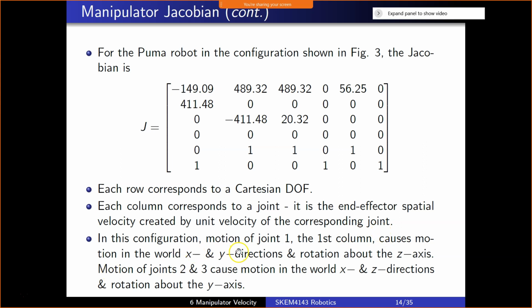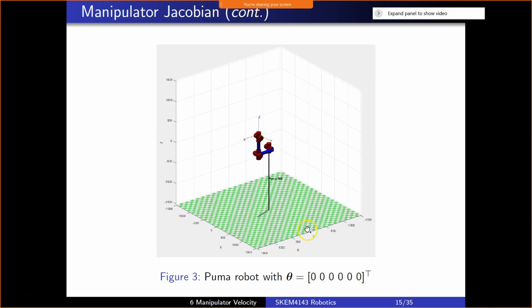So in this configuration, consider motion of joint 1. If you have joint 1 moving at 1 radian per second, only joint 1, where is joint 1? This is joint 1, right? This is the axis of motion of joint 1. If you can imagine, joint 1 rotates at 1 radian per second about the z-axis, right?